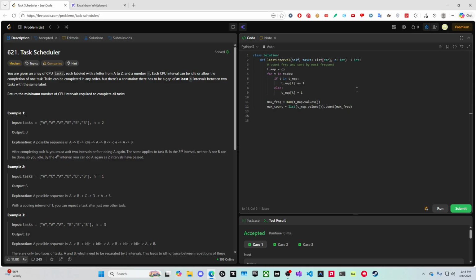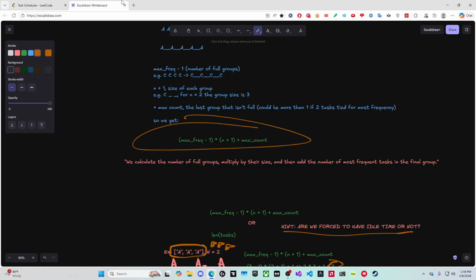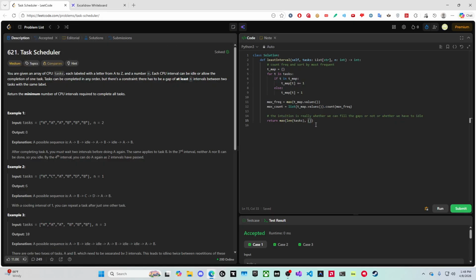And again, remember the intuition is really whether we can fill the gaps or not, or whether we have to idle, right? So we're going to return the max of the length of the task, or our formula, which remember our formula is max frequency minus 1.